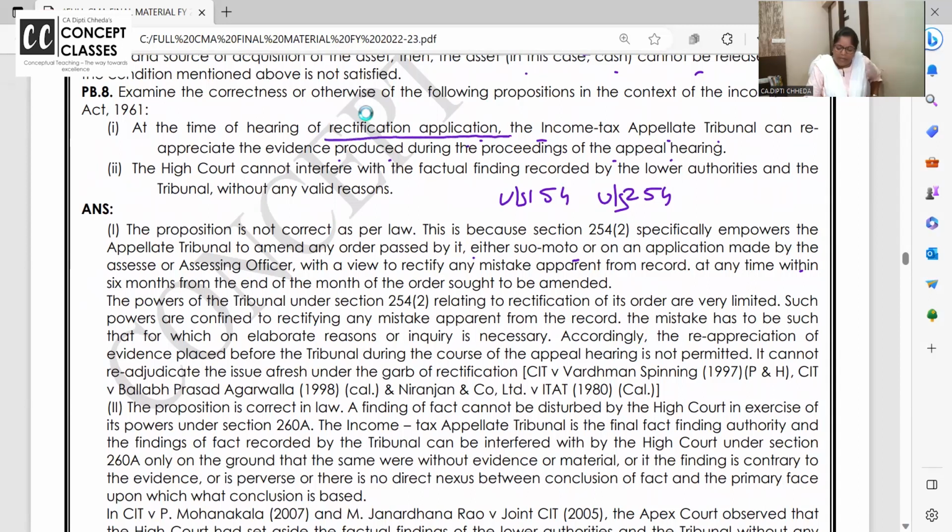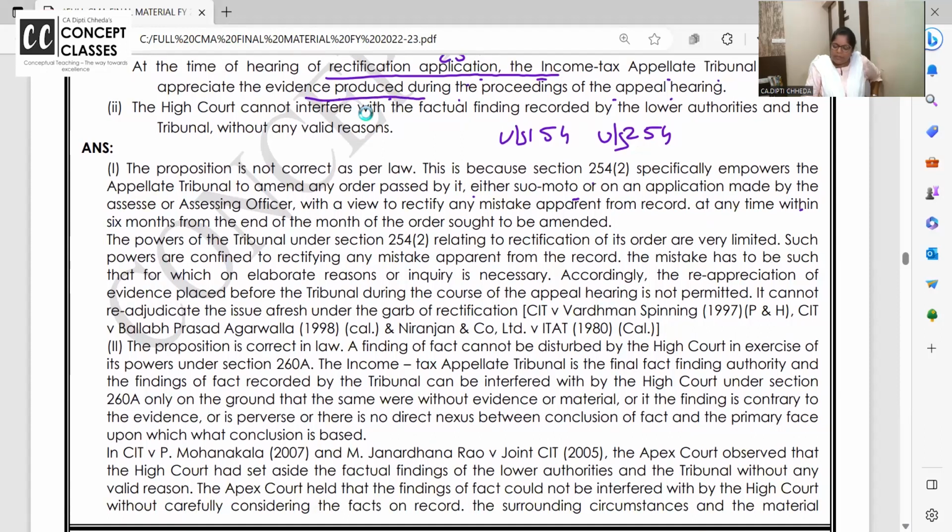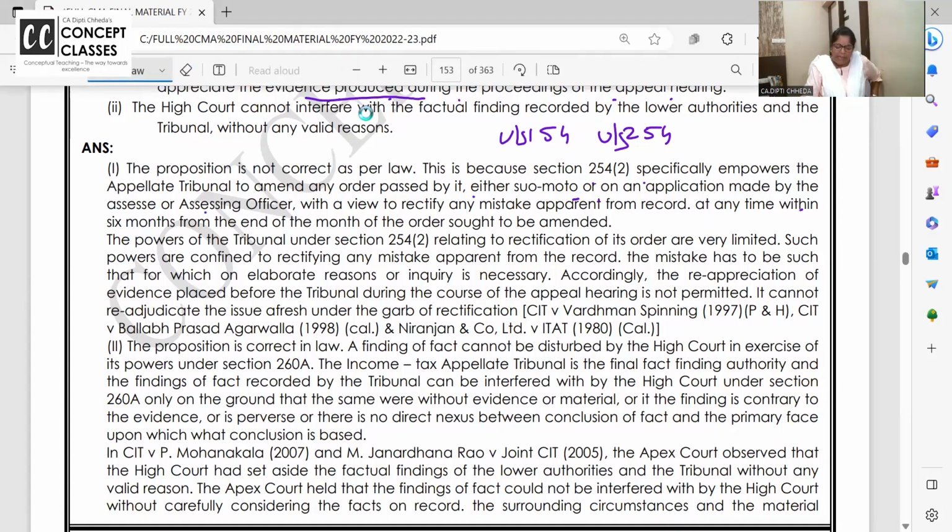Rectification means ITAT's own order is being rectified, so can they reappreciate the evidence? Answer is no. This is because 254 specifically empowers the tribunal to amend any order either suo moto or on an application made by the AO with a view to rectify any mistake which is apparent from the record.